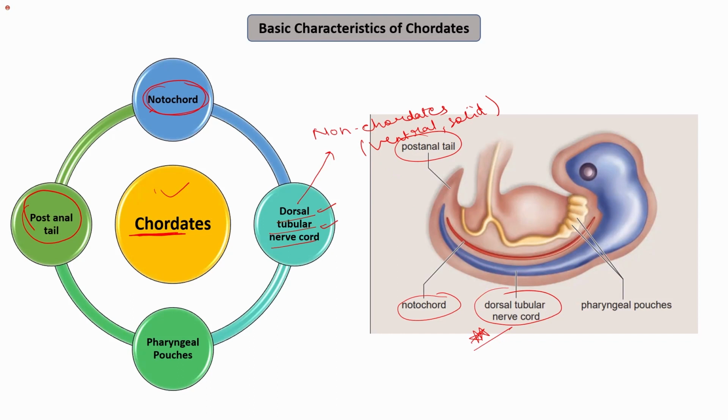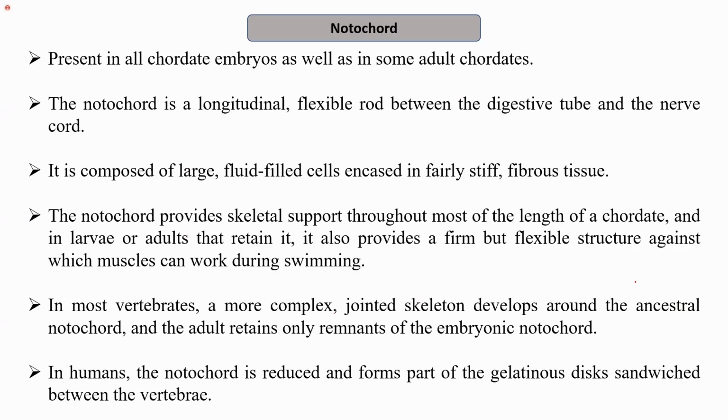But in chordates, for example in humans, the nerve cord is present dorsally, and it is tubular. Then they have pharyngeal pouches that may be modified in certain higher animals for different functions. We will learn about each of these characteristics one by one in detail.